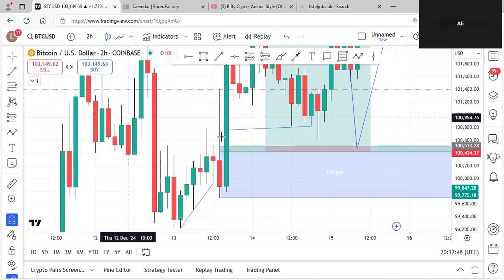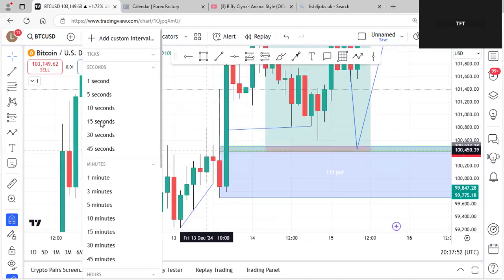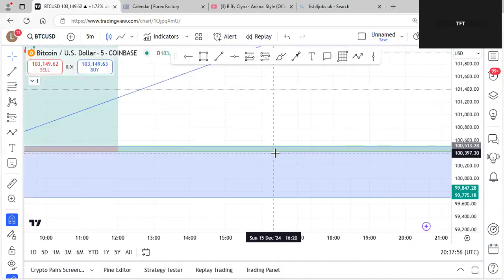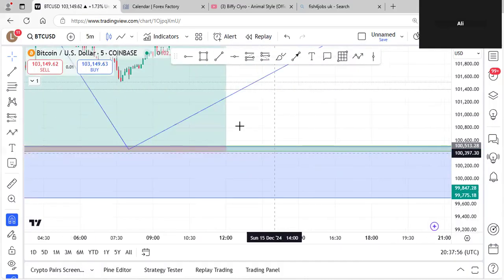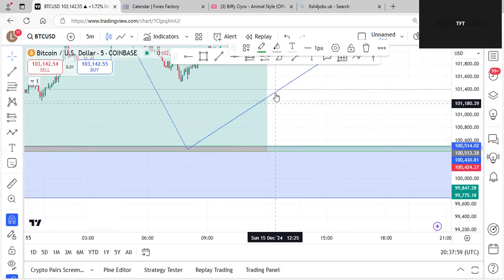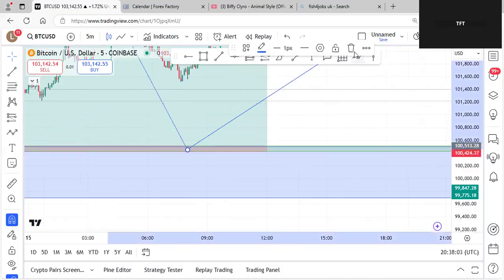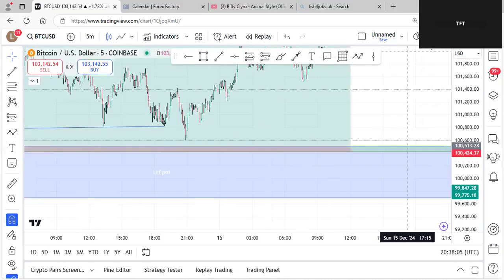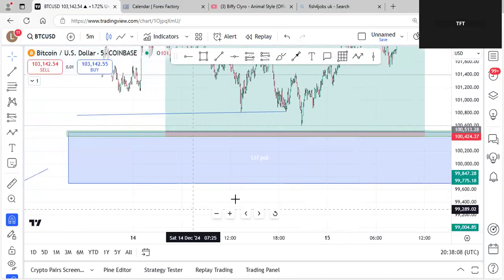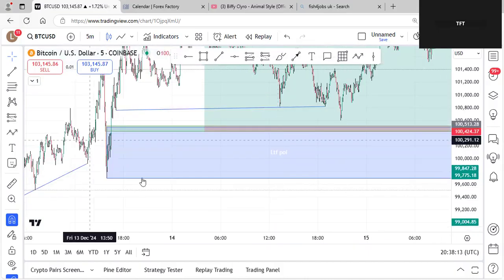I'll show you the imbalances and things like that in these, and get a better picture of why I was wanting to take it. So trend line, sweep, break to the upside.